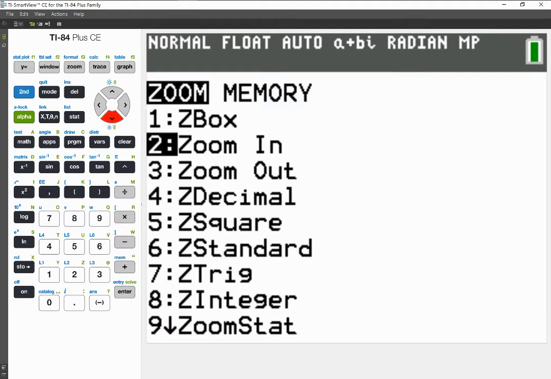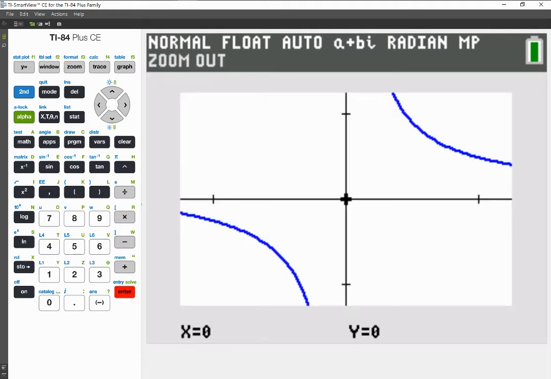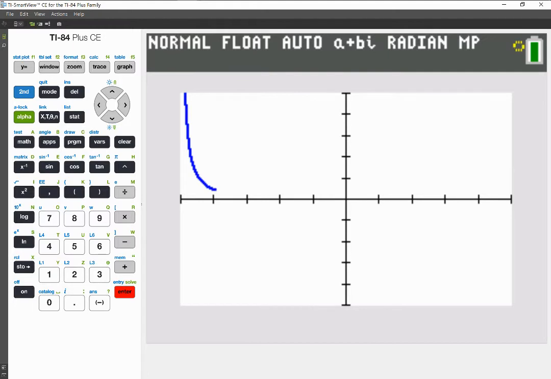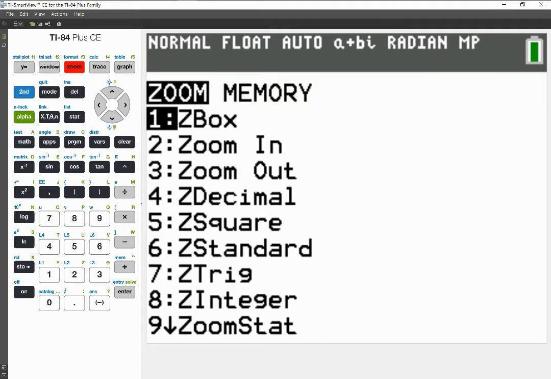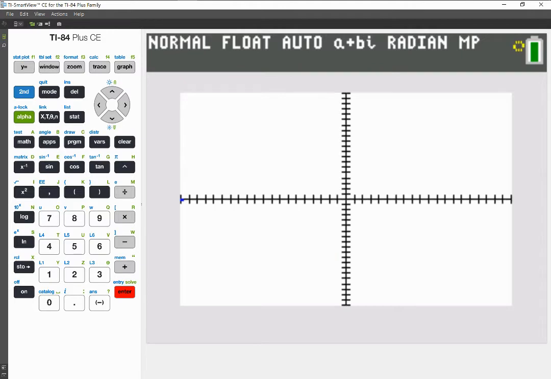Zoom out. So that doesn't really help much.